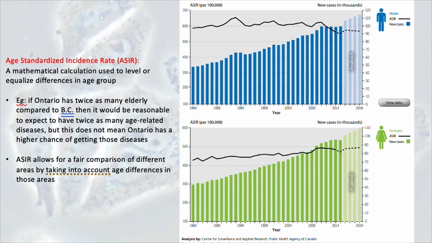And so this age standardized incidence rate allows us to create those statistics that are specific to age group. And that we can see here. So now in this graph, we can see we've added in age. So by year and then by specific age, and we can still keep it as individuals, so males or females, and we see new cases that develop.